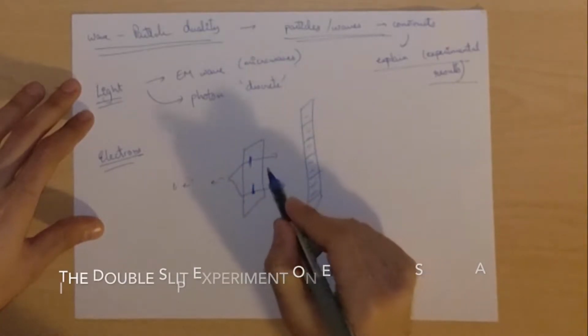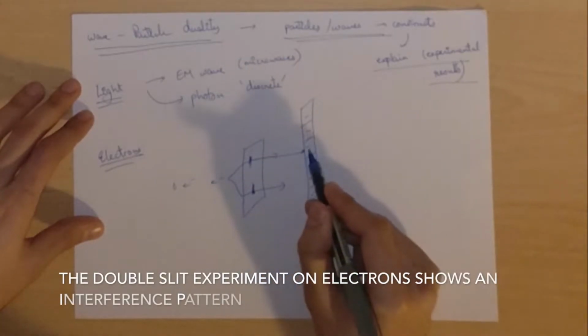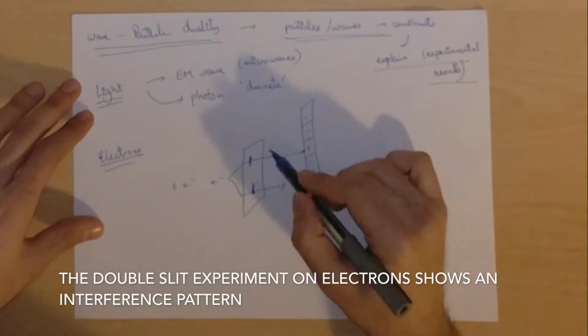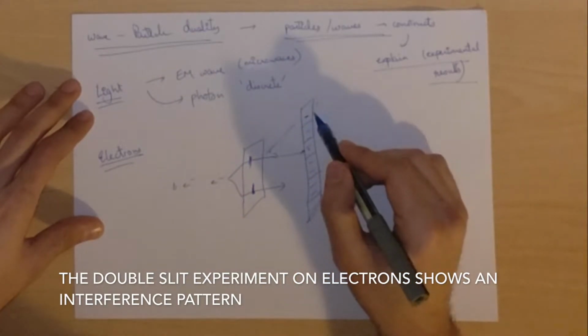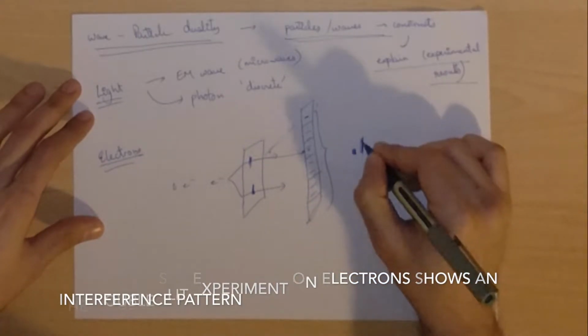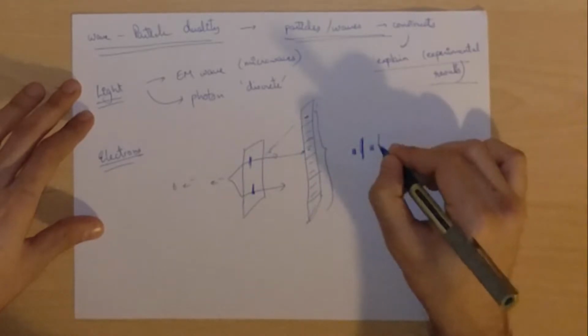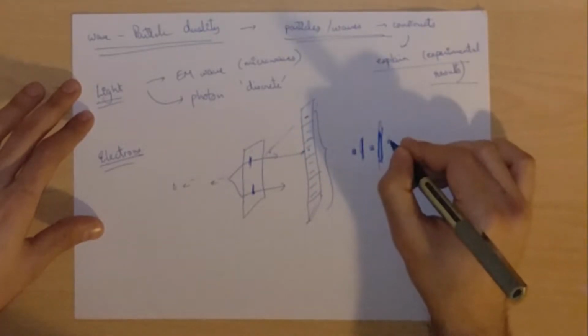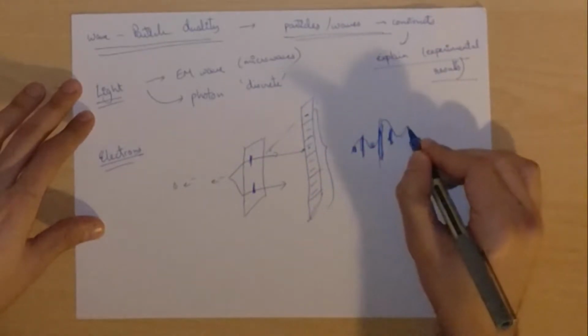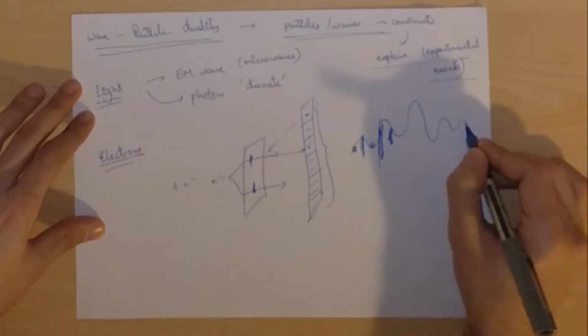So the electrons didn't just go straight through and collide over there. The collisions of multiple electrons gave a specific pattern. So something light, dark, light, dark, light, so on and so forth, which looks something like a wave.